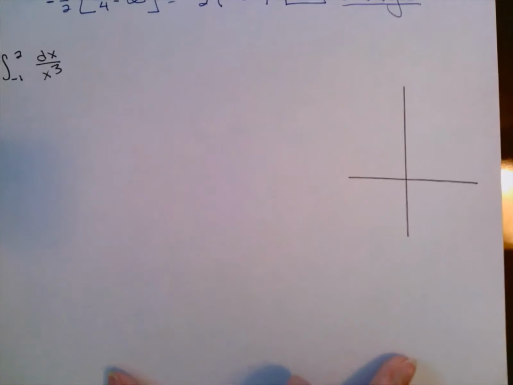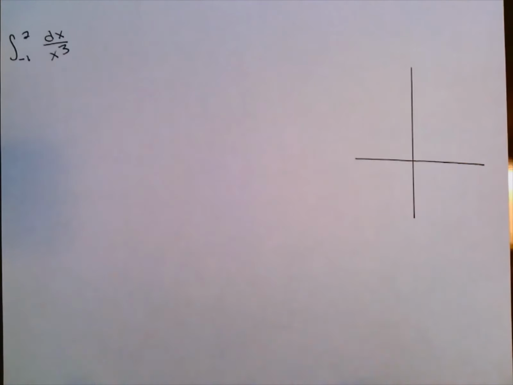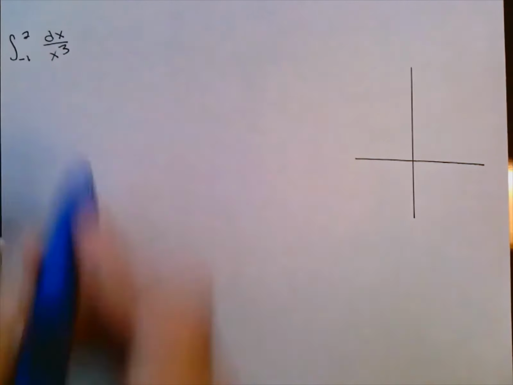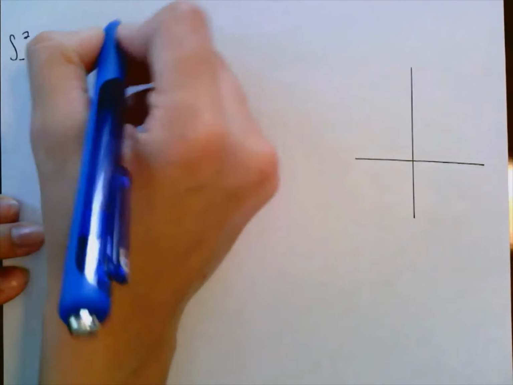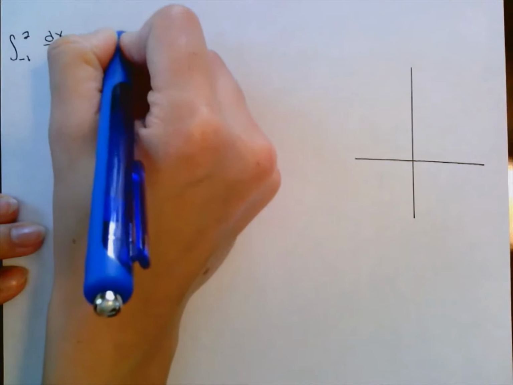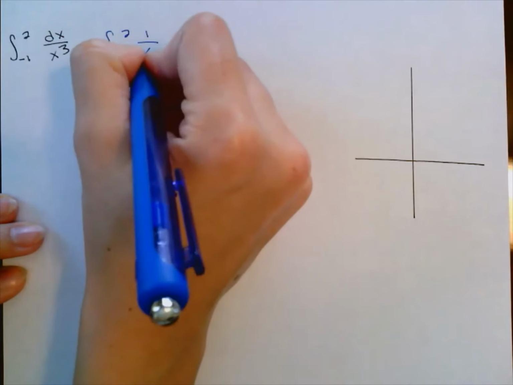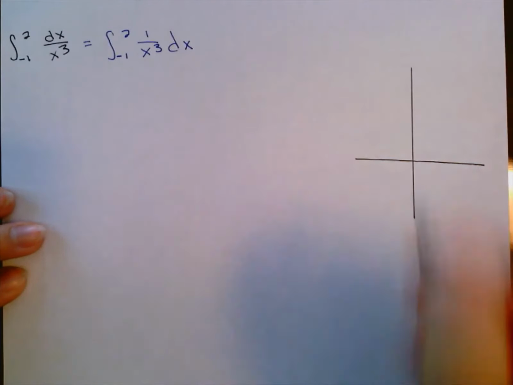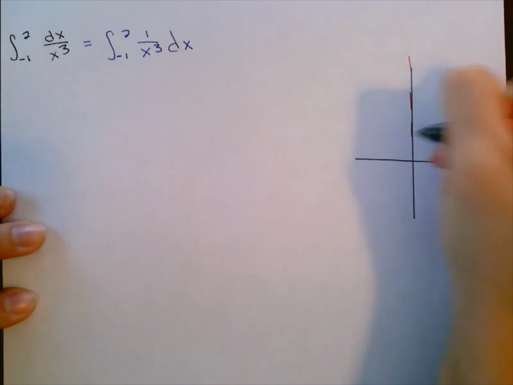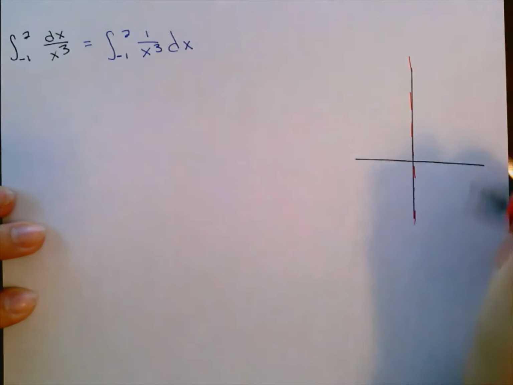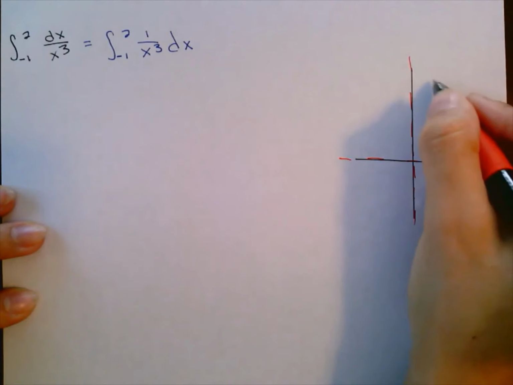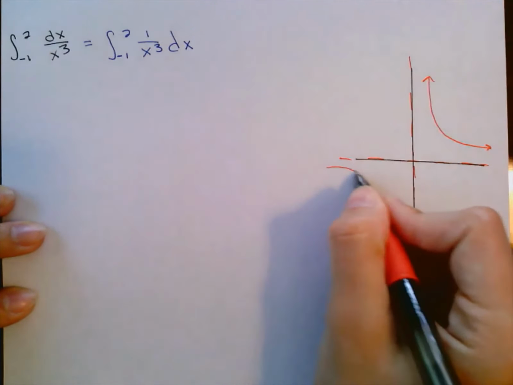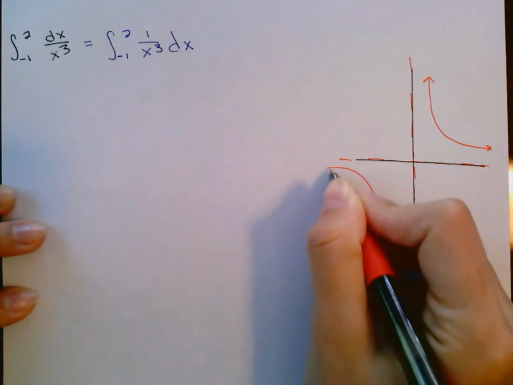Very similar question, but now it goes from -1 to 2. So we already saw in the last question that we rewrite this as 1 over x cubed dx. And I know that my graph has asymptotes at the zeros. Because it's an odd exponent, it's in opposite corners.